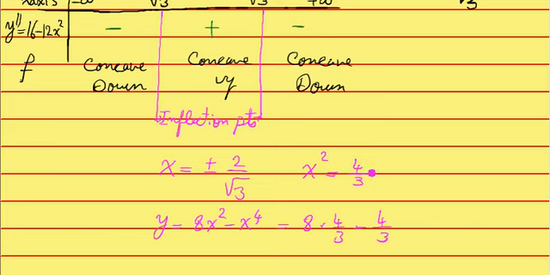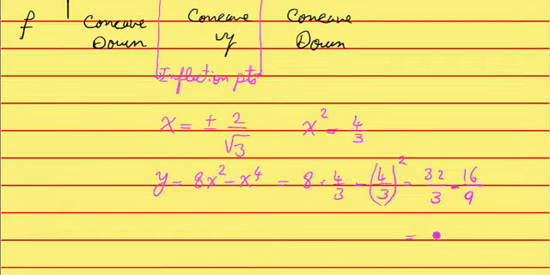Remember this is x squared, so if you square it again, that makes us 32/3 minus 16/9. Let's take common denominator 9. 3 times that is 96 minus 16. It looks like I have 80 over 9.